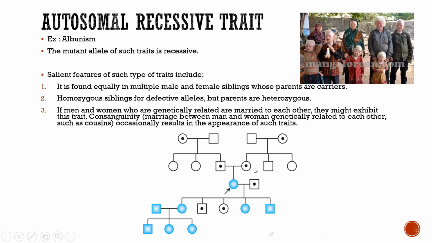They are getting married, and as you can take it as a consideration, they are close relatives. Both are carriers, because of which their child, the female child, will be affected because parents are heterozygous for that condition, and she will marry another male who is a carrier for the disease. So some are affected, some are carriers. So this is very rare, and usually you find it in consanguineous marriages, a marriage between close relatives.